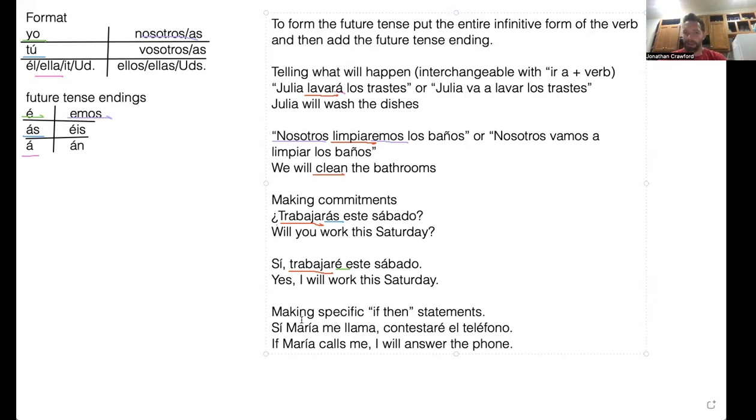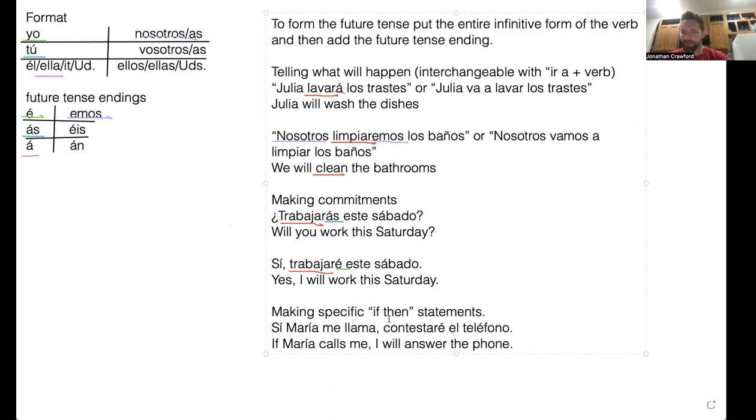We cannot make a hypothetical if-then statement using just the future tense. In that case, you'll have to use the past subjunctive. I'll wind up making a video on that, but I have to do a video on the conditional tense first, and I'll probably wind up doing that one after this video.